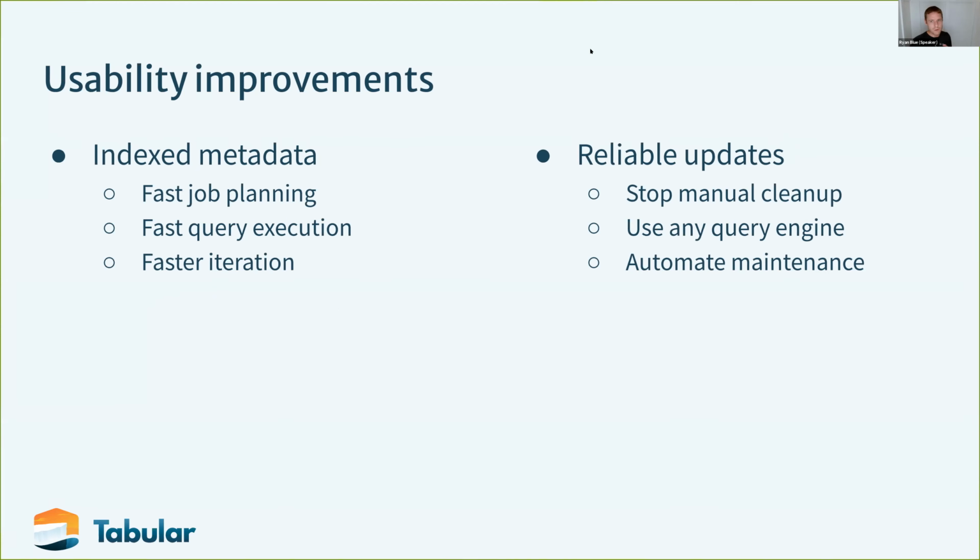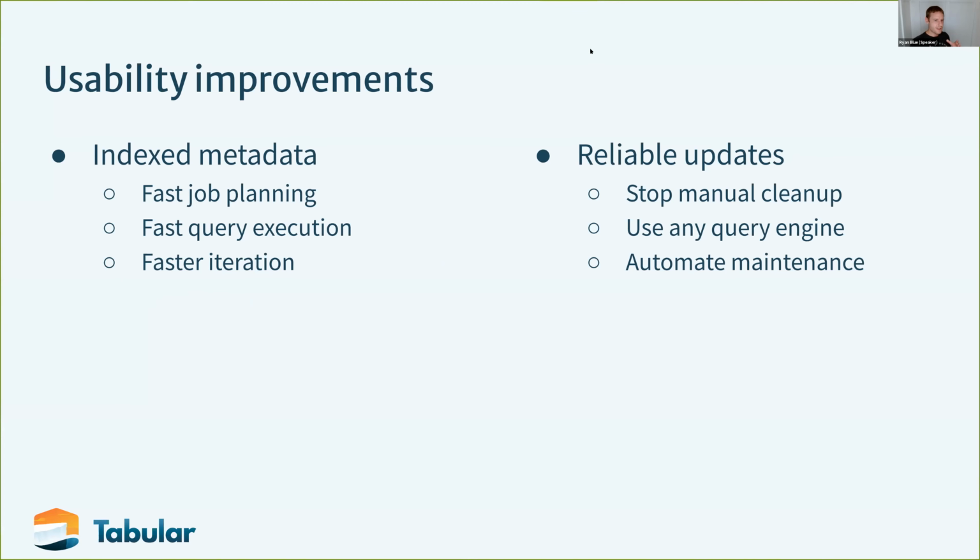The other usability improvements I'm going to cover are pretty much just the other 2 things that we were doing with Iceberg, disguised as usability improvements. So first of all, call out indexed metadata. This is really the performance side of things. Iceberg uses indexed metadata to make job planning faster, query execution faster, and basically get you better results in a shorter amount of time.